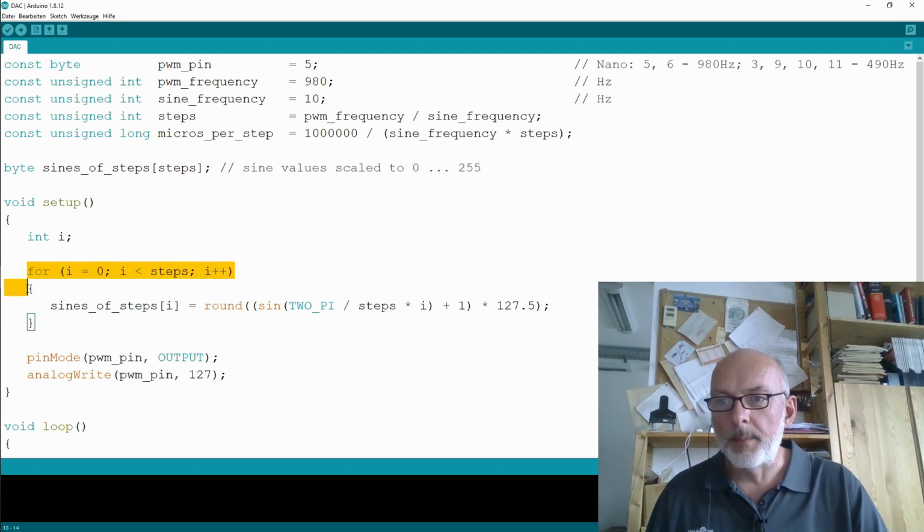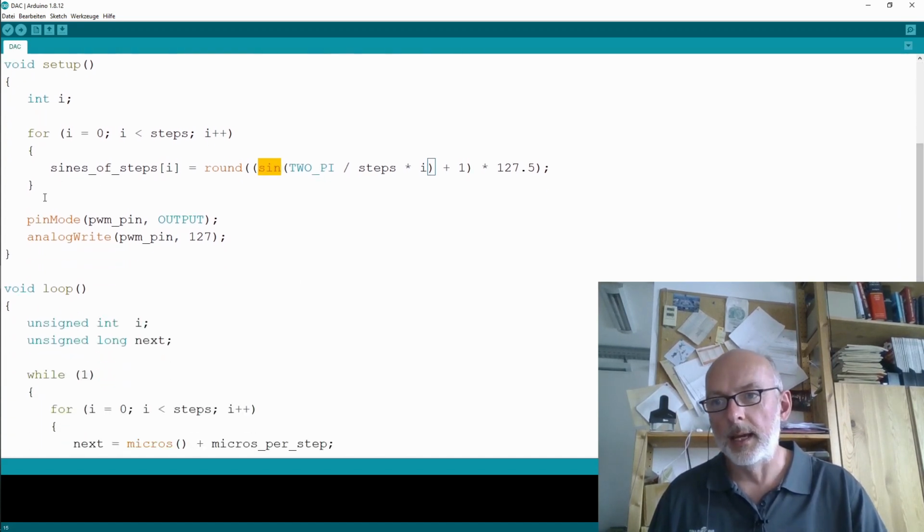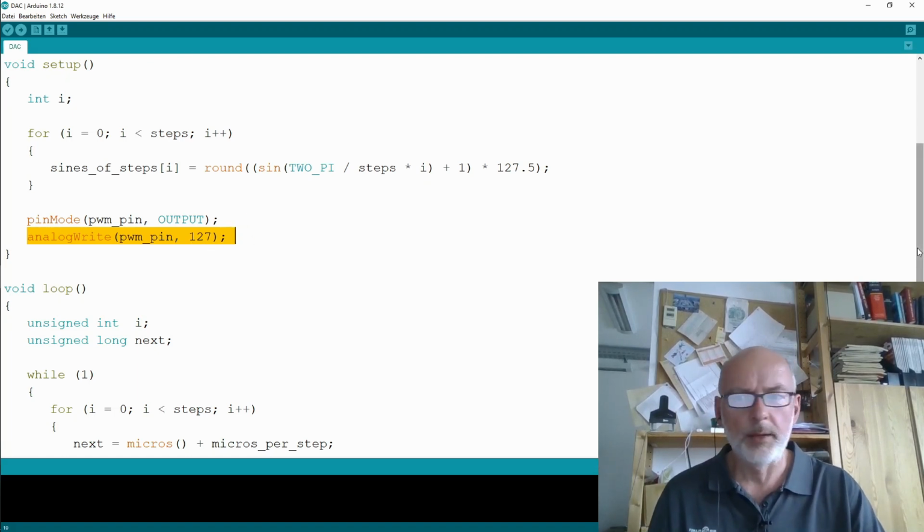In my setup, I simply go through a loop in which I fill that array with the appropriate sine values. And I of course say my PWM pin is output, and for some reason, I don't know why, I set it to 127, so 50% duty cycle for a start.